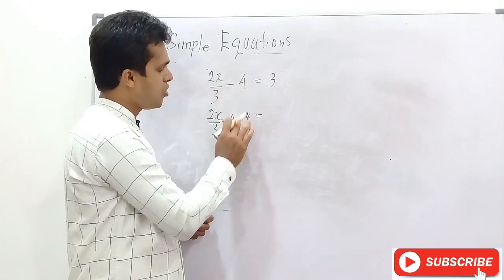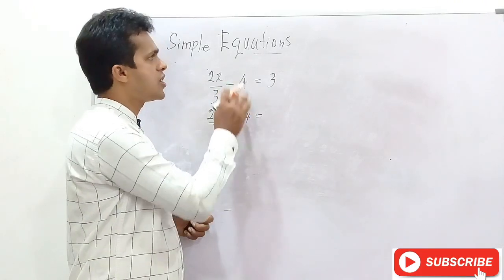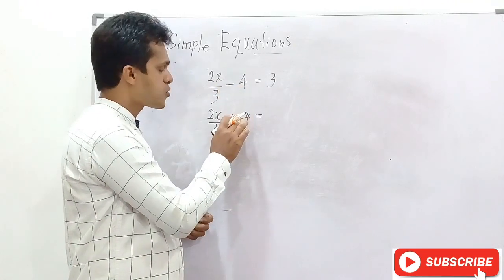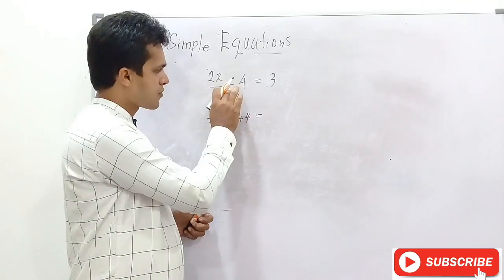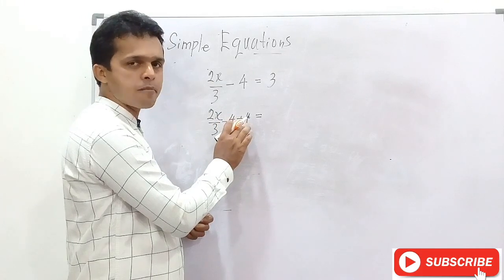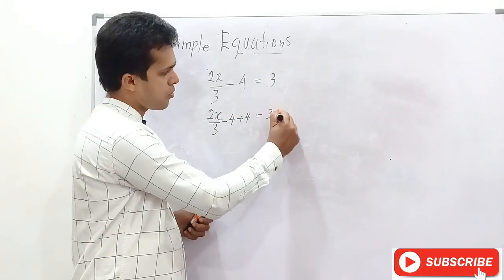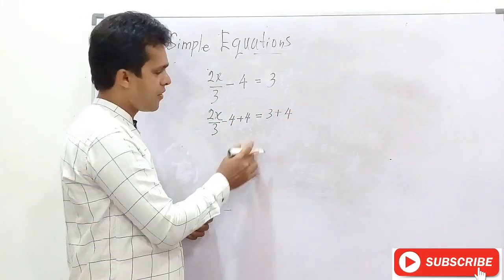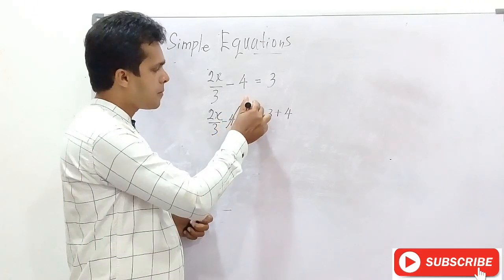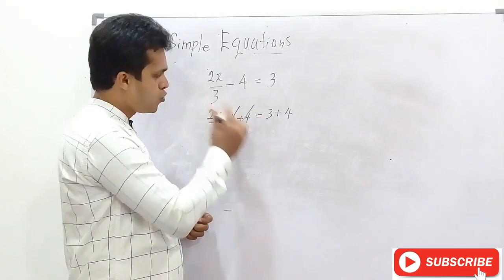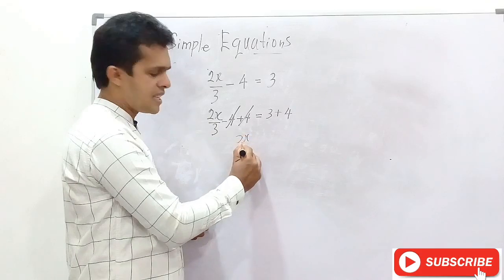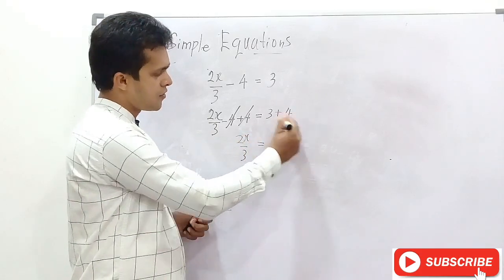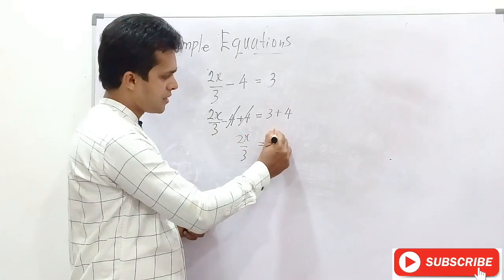If it is negative 4, it is added plus 4. If it is positive 4, subtract 4. Minus 4, therefore add plus 4. 3 plus 4. Now simplify minus 4 and plus 4. Here 2x over 3 equals 3 plus 4, 7.